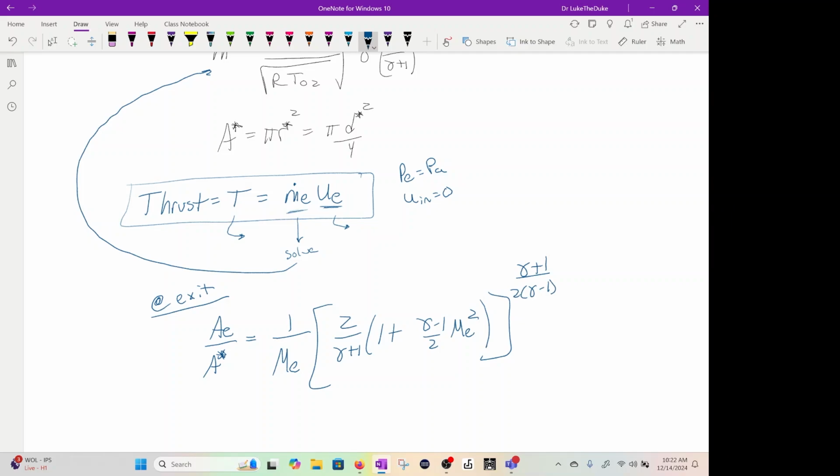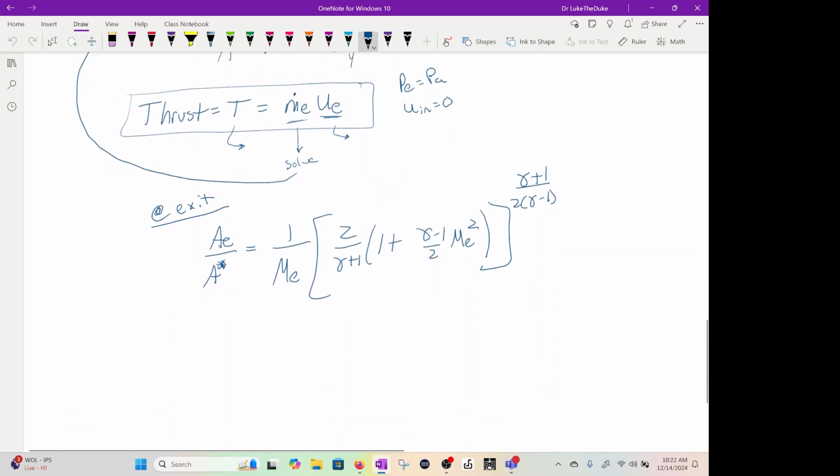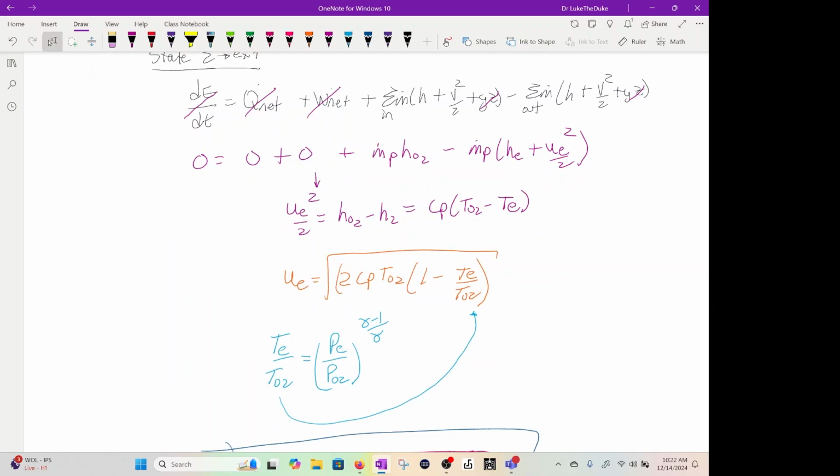Okay? So you can use this to find the area of the exit knowing your A star. You also have to know your ME. Remember, Mach number is Ue over the speed of sound at the exit, which is square root of gamma R Te. So you can find Te based on this equation right here.